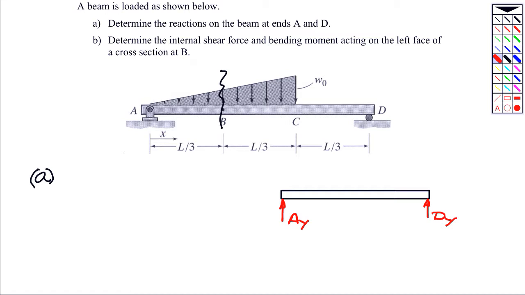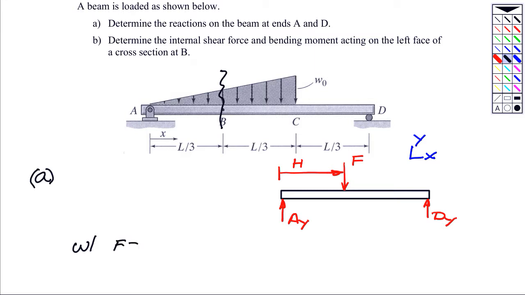There's going to be a load which is acting on the beam at some distance of capital H, which I'll define here in just a bit, where there's a force of magnitude F which is applied. And if I call this X and Y, we're going to be eventually doing summation of forces and moments on this here. Before I do, though, let me define what I mean by F.